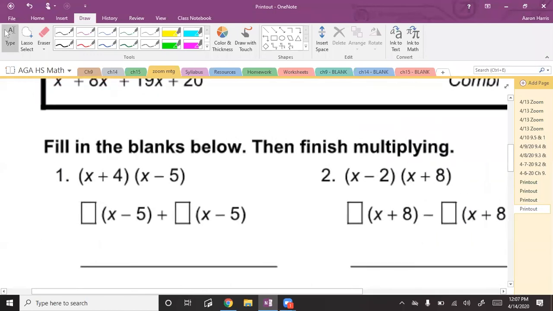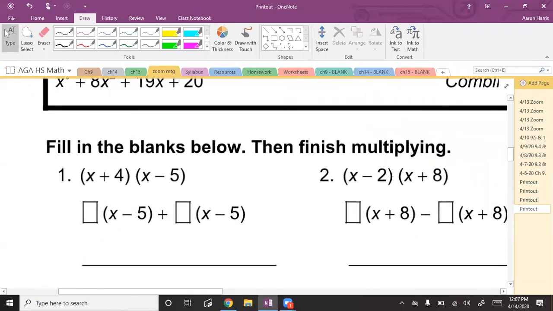If I have x plus 4 times x minus 5, here's first, here's outer, here's inner, here's last. How many arrows do I have? I have 4, so I have 4 things I have to do. X times what?